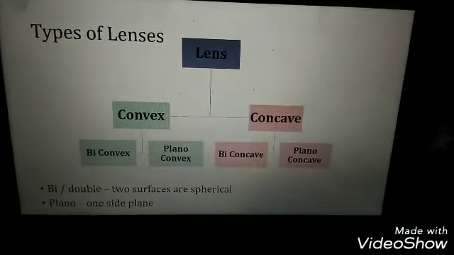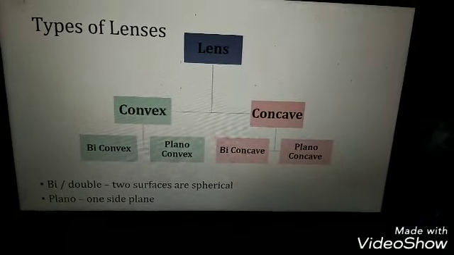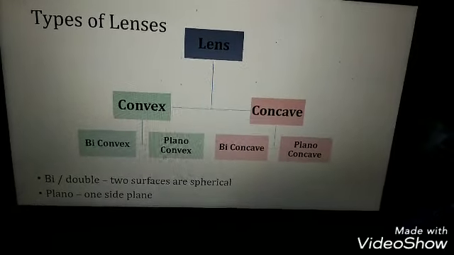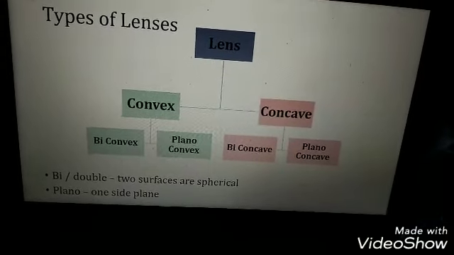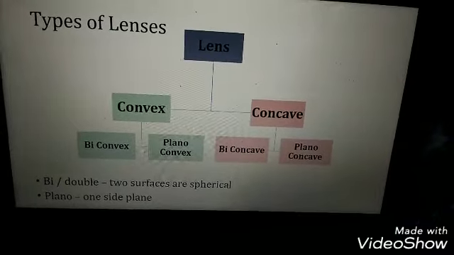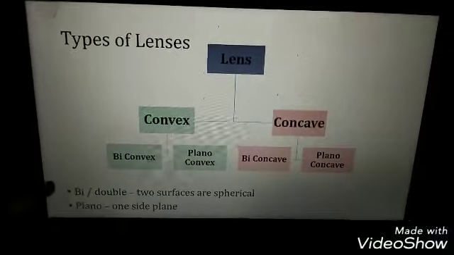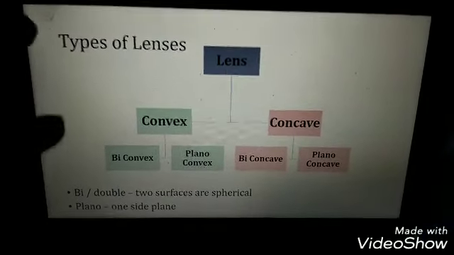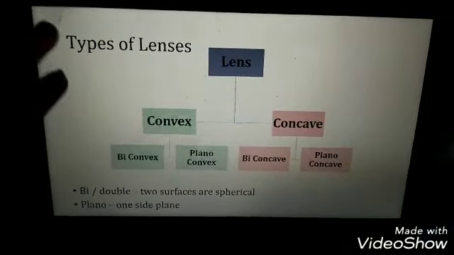So this is a basic hierarchy of how the lenses are divided. A lens is basically divided as convex and concave. Convex is divided as biconvex and plano-convex, and concave as biconcave and plano-concave. If you see bi or double, that means both the surfaces of the lens are spherical.